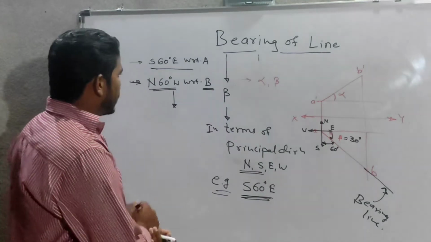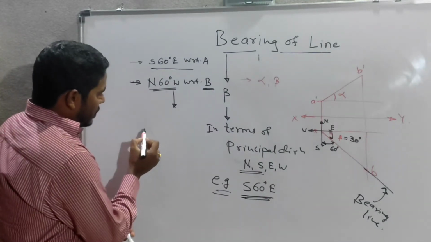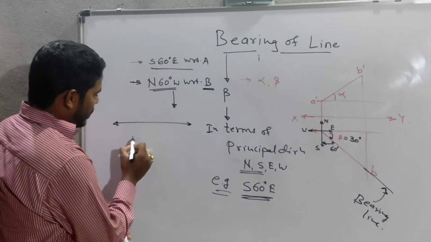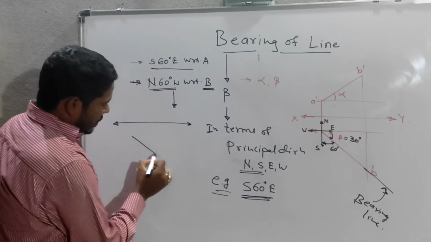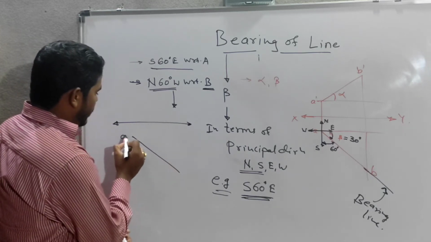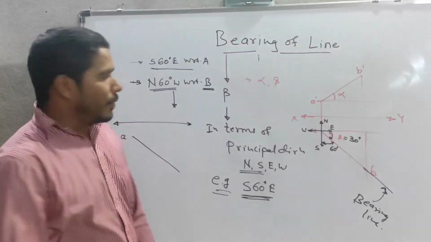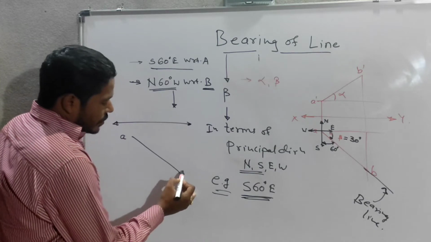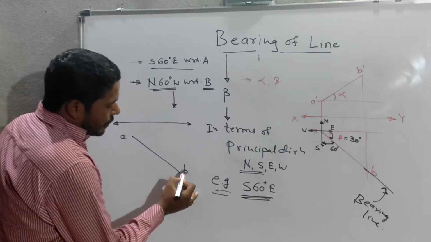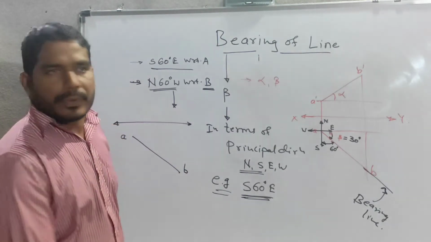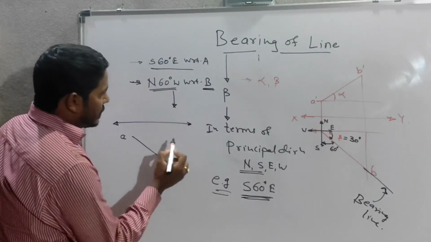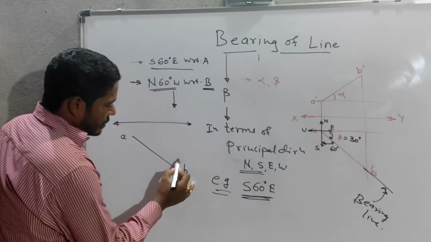Suppose this is the axis, this is the point, and this is the line A. And what they have done here is given the bearing with respect to point B. I am showing this point B here, but actually we don't know the position of point B. They have given the bearing with respect to point B, and I'll mark the direction here.